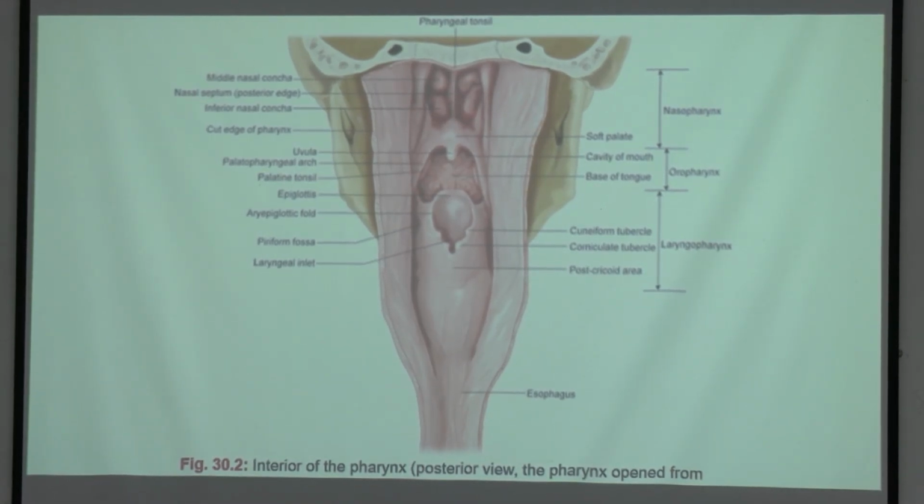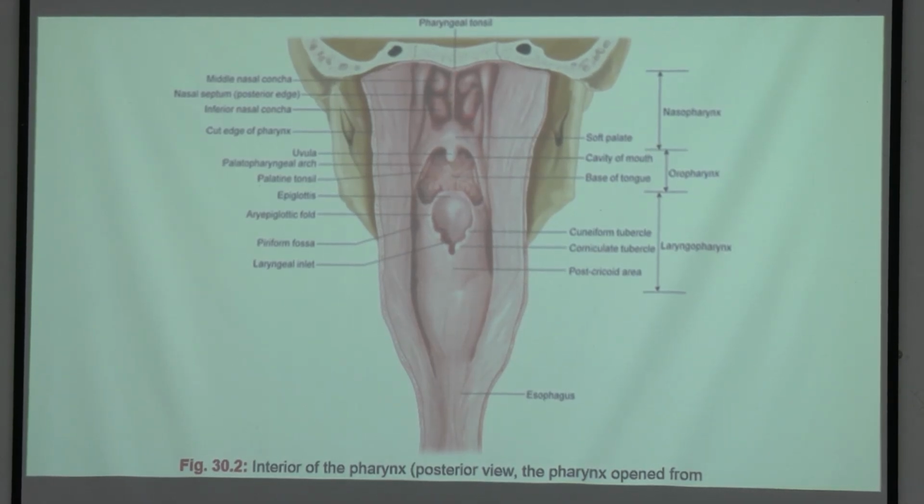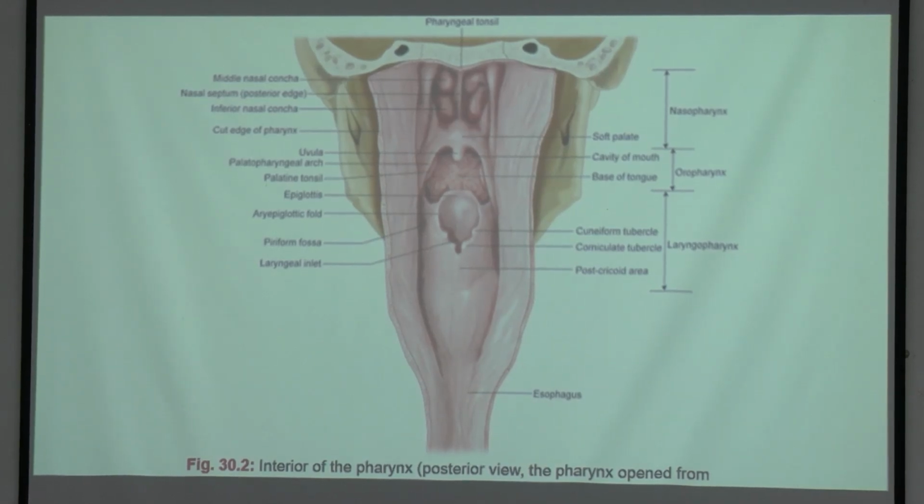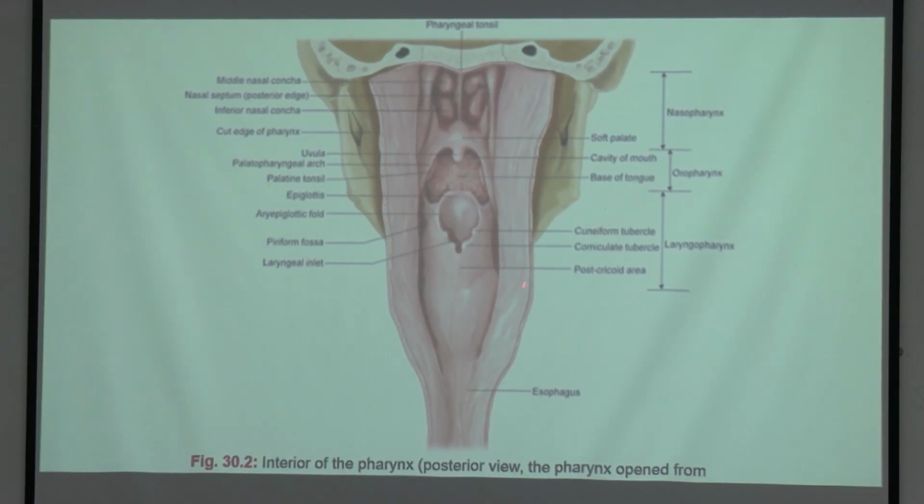So you have to know which one is the laryngeal inlet, which one is the pharynx, that is the laryngopharynx. So this part we can call the laryngopharynx. And the lower limit is the cricoid, which forms the boundary between the pharynx and the esophagus.